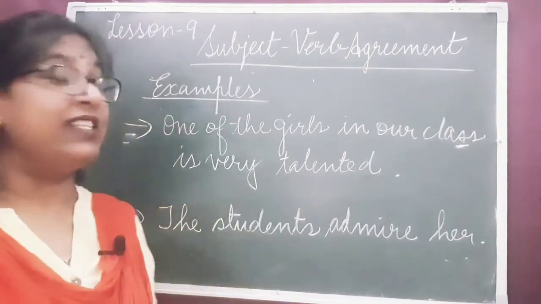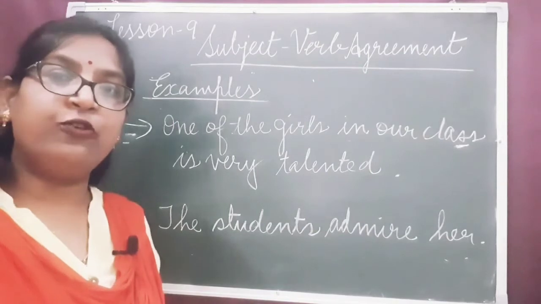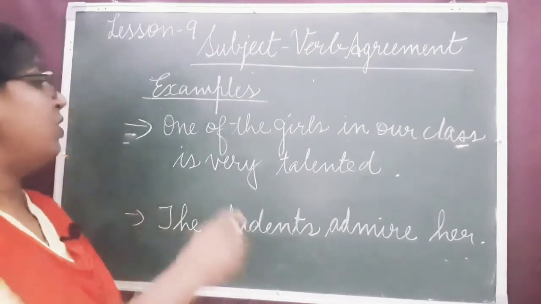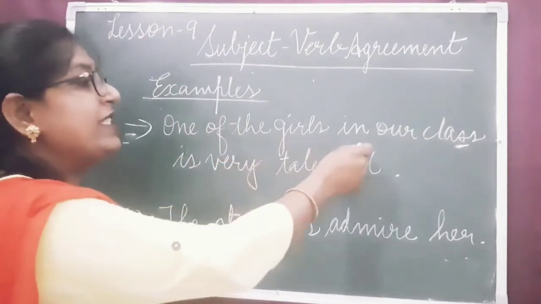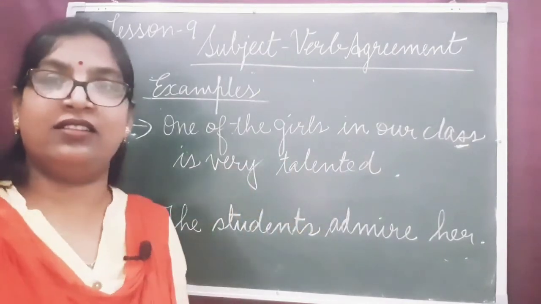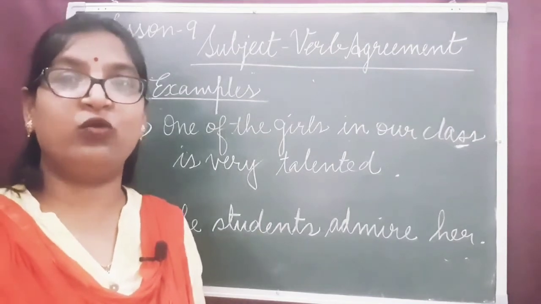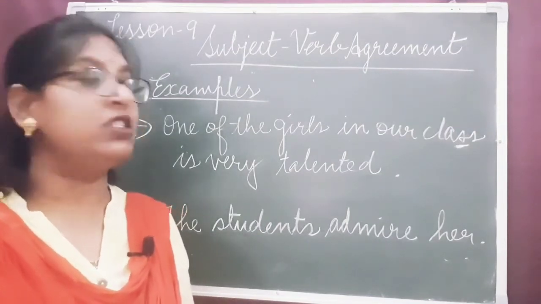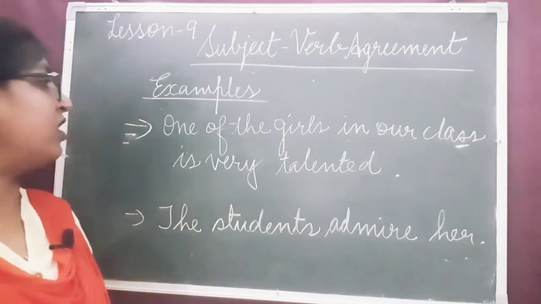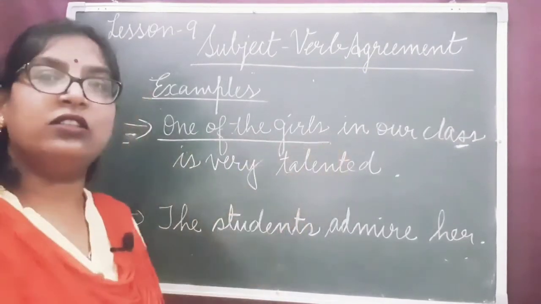Dear children, you can see two examples on the board. The first one is, one of the girls in our class is very talented. First of all, we should know what the subject is. We should find out what we are talking about. We are talking in this sentence about one of the girls.